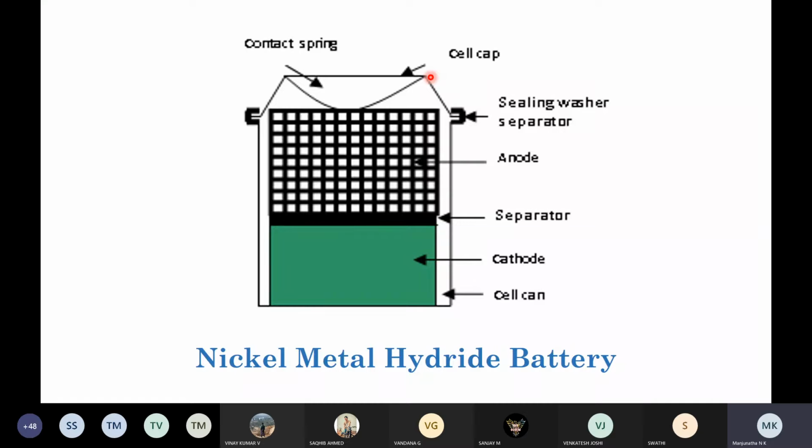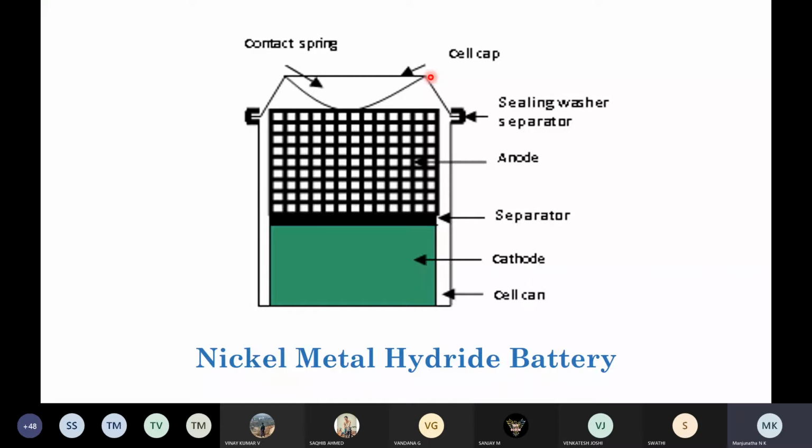Which is the anode material? Metal hydride with hydrogen storage alloy. Which is the cathode? Cathode is nickel oxyhydroxide. Electrolyte is potassium hydroxide. Separator is polypropylene. This is the first one, the construction of the nickel metal hydride battery.